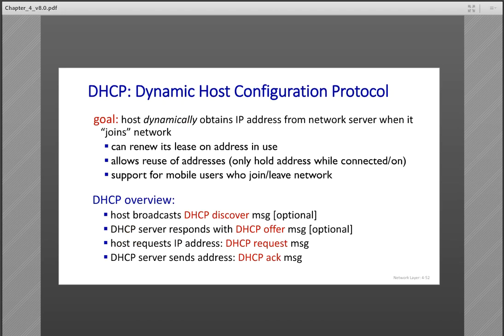This protocol or service can assign IP addresses dynamically to the host.